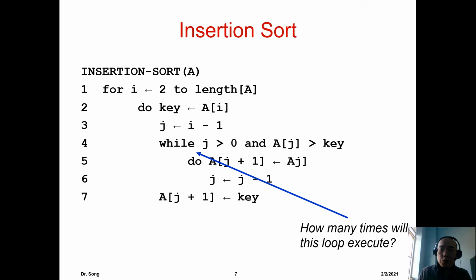So we have to run this line of code 4 times, because 3 times we do the shift, and the fourth time the condition is no longer true, and then we stop. There are a total of 4 times.